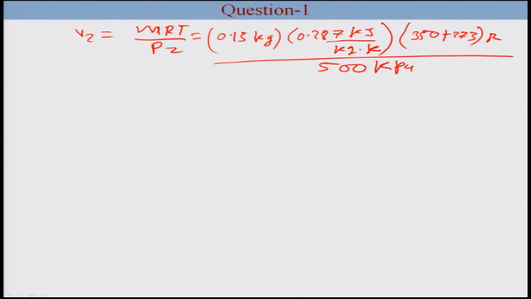So this gives us V2 equal to 0.05364 meter cube.